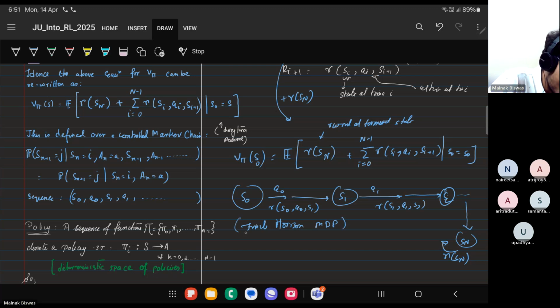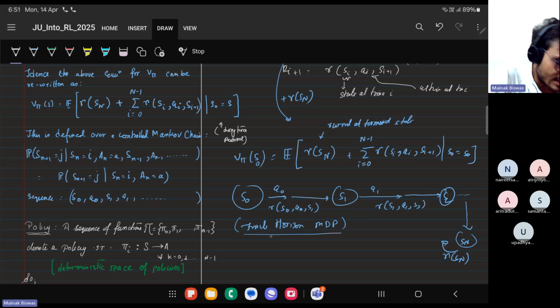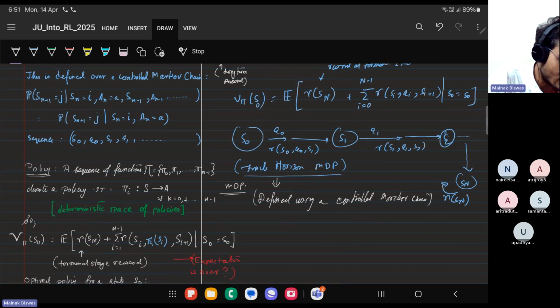Okay. So now this finite horizon MDP is defined using a controlled Markov chain. And you have done this already. Since this is an MDP, it has to be a Markov chain. So the probability of Sn plus 1 equal to, say, state j, is just a Markov chain.